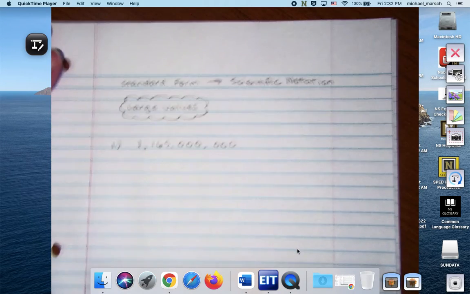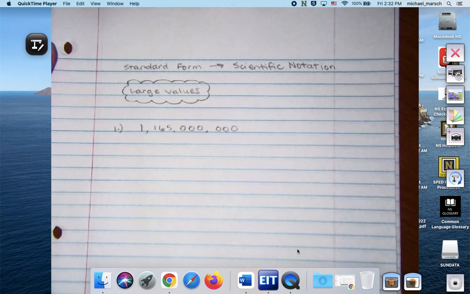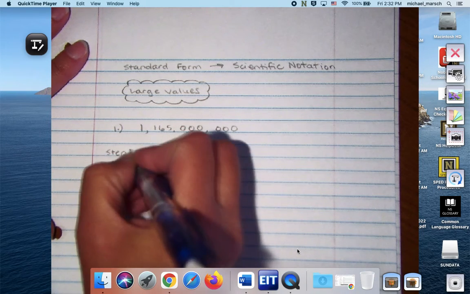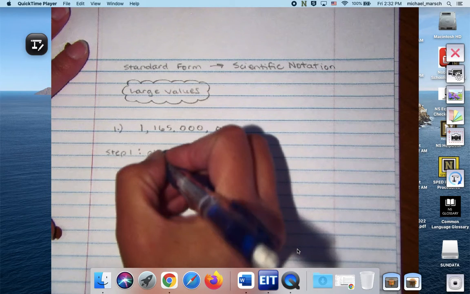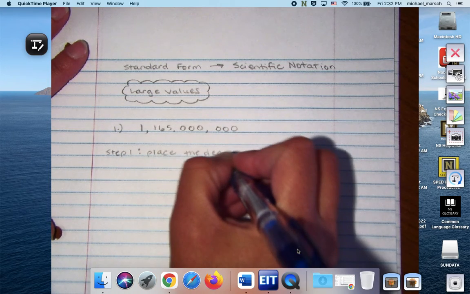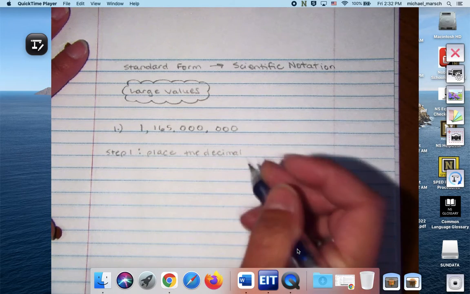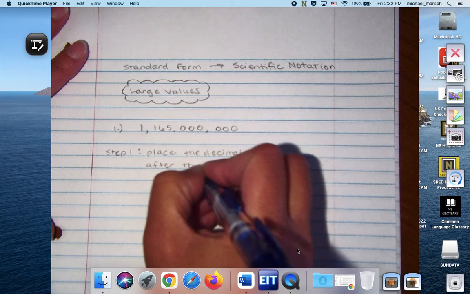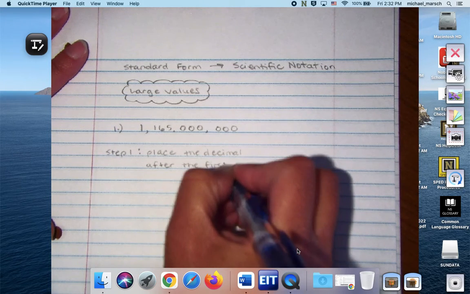So we have this very large value number, 1,165,000,000, and we want a shortcut. So we have some steps. Can I just put it in a box?